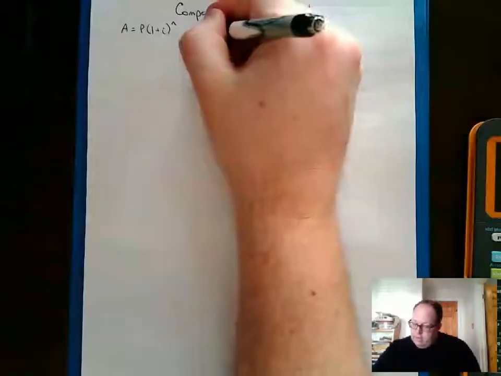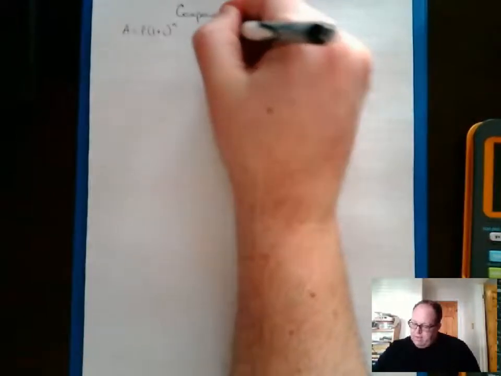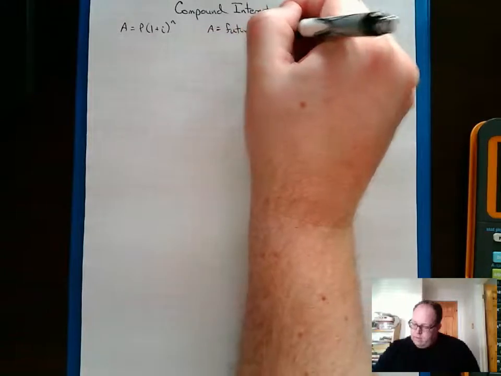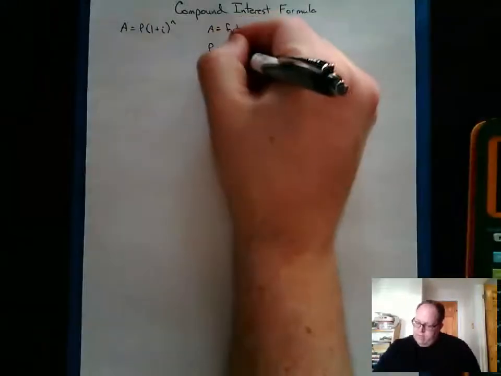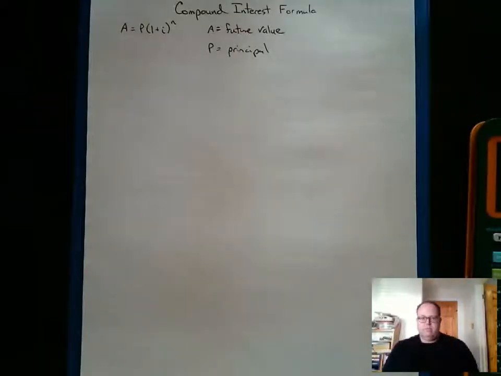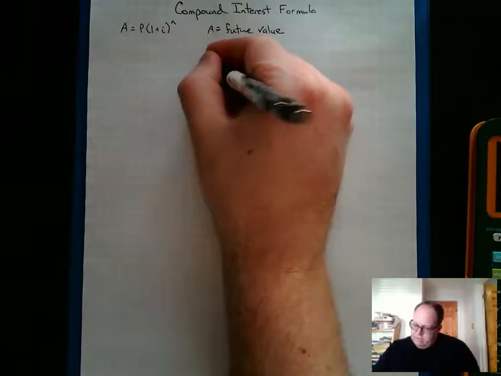So, A we've seen before. That is the future value of an investment or debt, depending on which we're talking about. P is the principal amount invested or borrowed. I we haven't seen before.